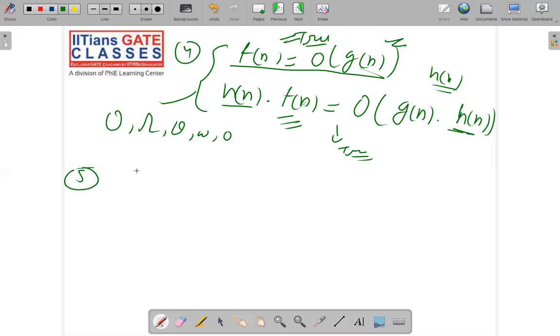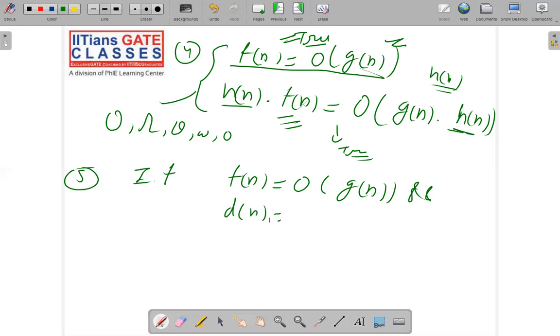Now let's consider one more property. If we are saying that Fn equal to omega of Gn and there is one more function Dn equal to omega of En, what can we say if we add these two? The first one is addition.